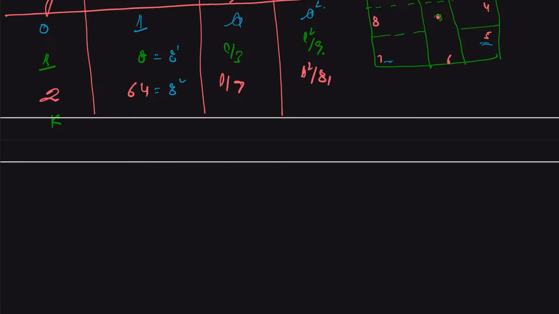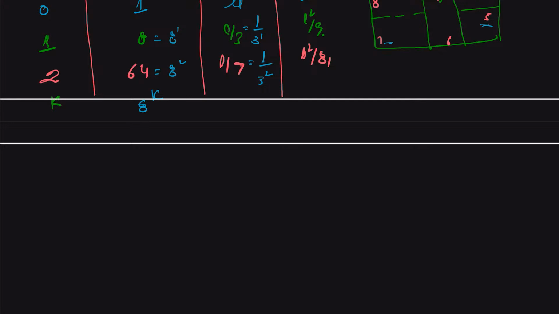So the number of squares will be 8 raised to power K, the side length will be L by 3 raised to power K, and the area will be L square divided by 9 raised to power K.